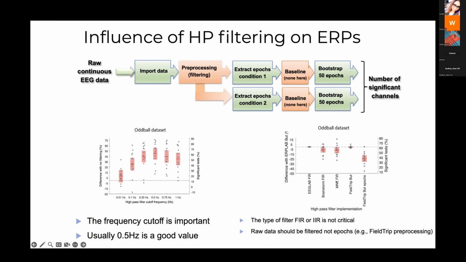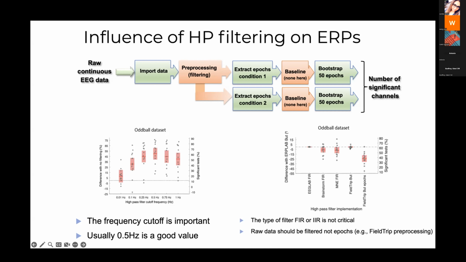There might be some potential numerical issue with Brainstorm and MNE. Filtering is very sensitive to the data resolution and these kinds of things. There was an issue with FieldTrip, which we resolved with Robert.